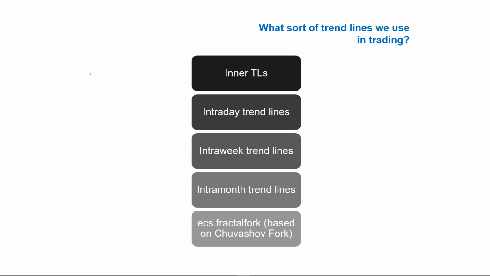So what sort of trend lines do we actually use in trading? Inner trend lines, intraday trend lines, intra-week trend lines, intra-month trend lines, and ECS fractal fork that is actually based on Chuvashov's Forks.